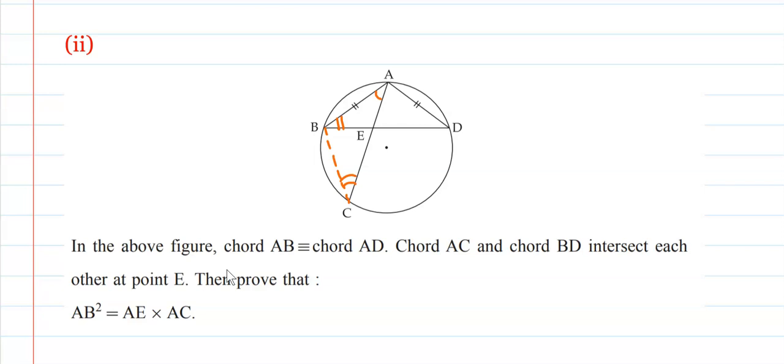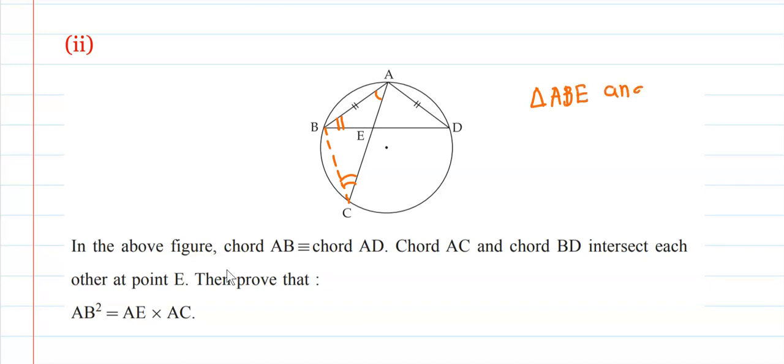Now the first angle is common. For the triangles, which triangle do we consider first? That is triangle ABE. This is the first triangle.